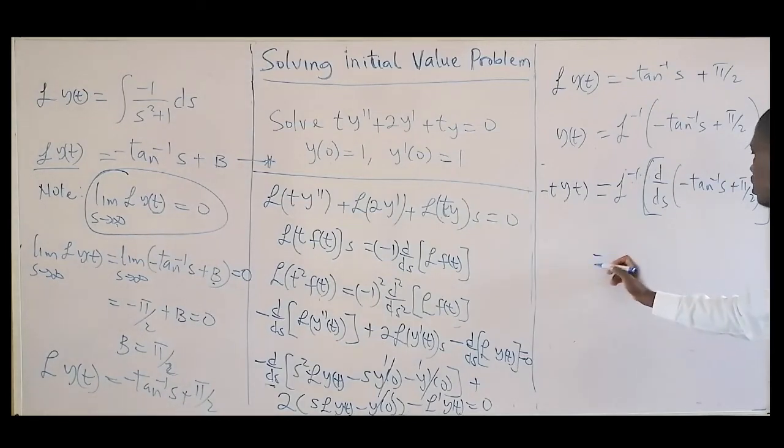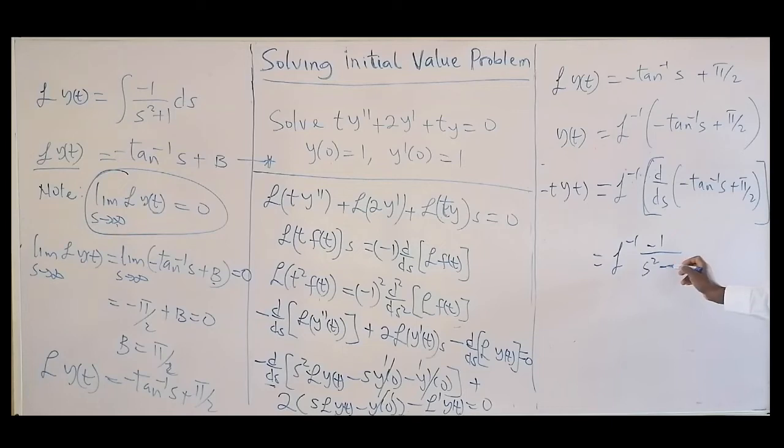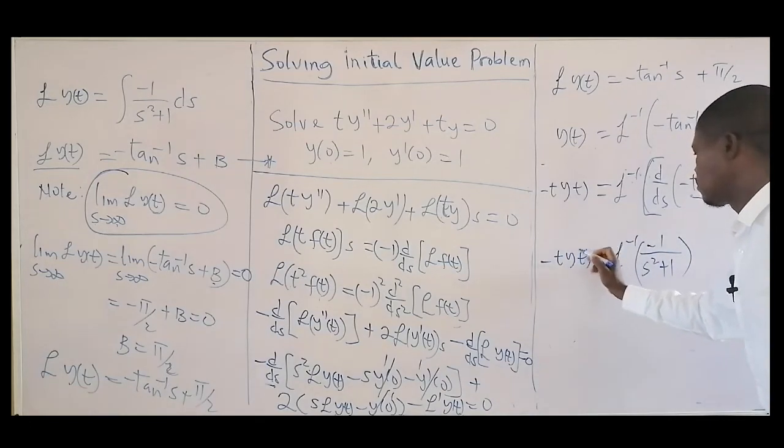The derivative of arctan x is minus 1 over s squared plus 1, and the derivative of pi over 2 is just a constant. That's equal to minus t y of t.